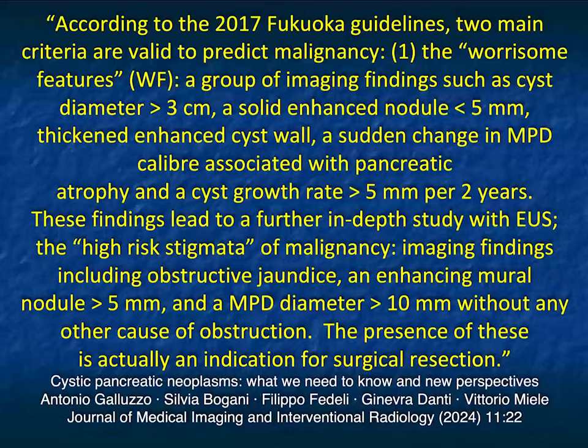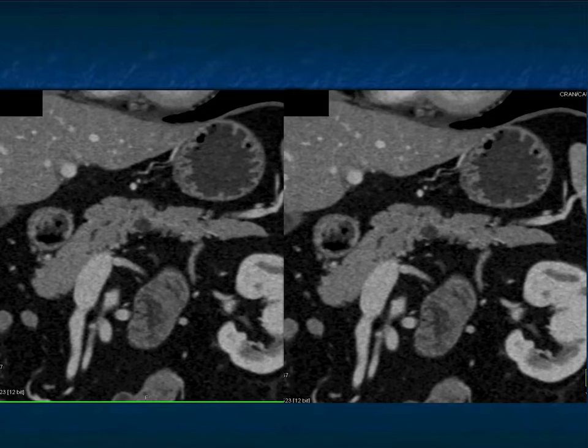When a lesion is rapidly changing, it's growing, changing shape, you really have to worry. These findings lead to EUS, and then you will get tissue sampling. Imaging findings of jaundice, enhancing mural nodule, main duct over 10 millimeters. That's kind of easy because high risk, high likelihood of malignancy.